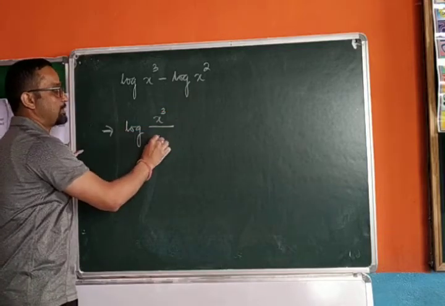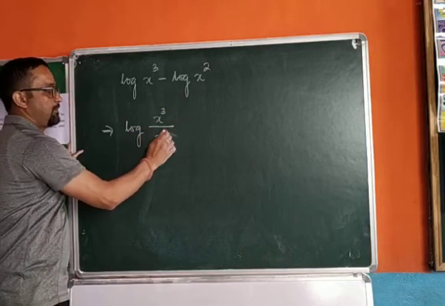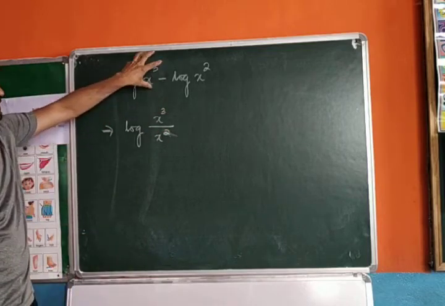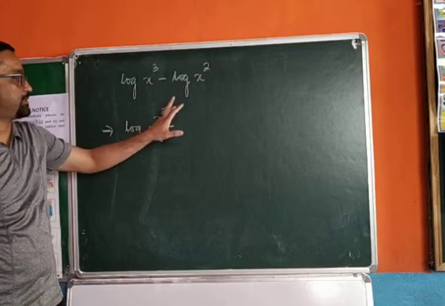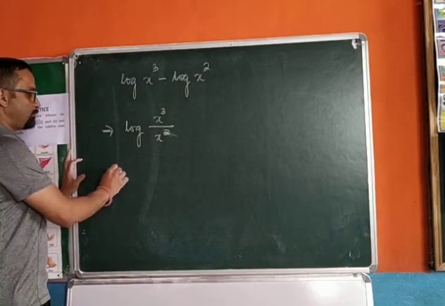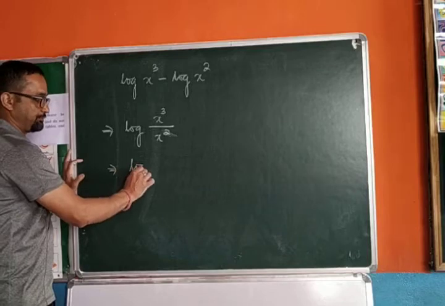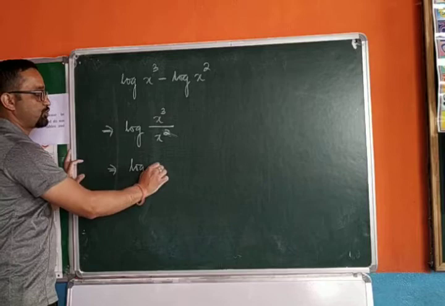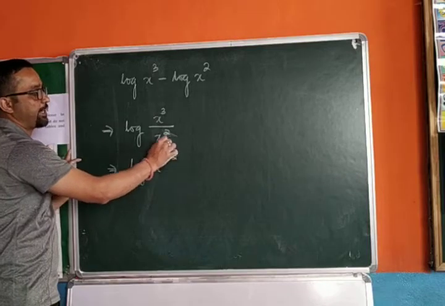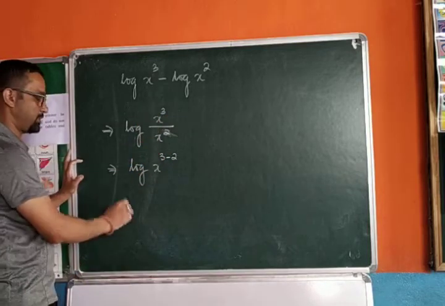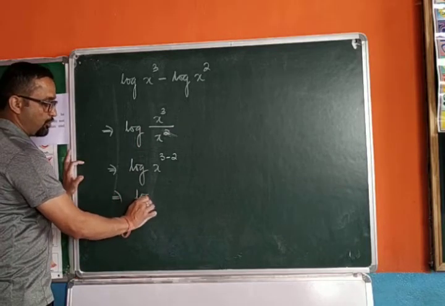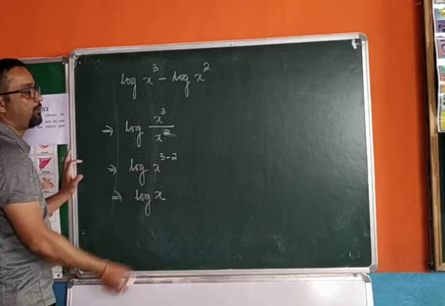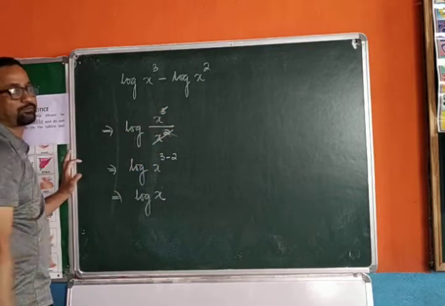Second one goes at the denominator. This is division law. Minus sign means these two divide. Then we simplify: x to the power of 3 minus 2. Take it up to the numerator, it becomes log x is left. 3 minus 2 is 1. Or you can cancel this.